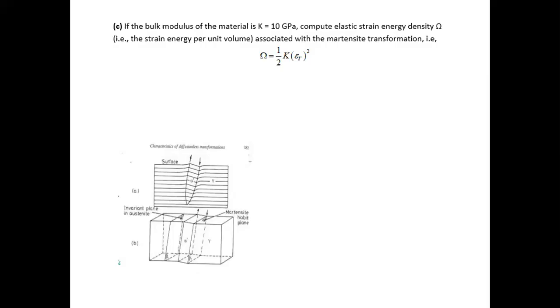Usually this can happen within a certain narrow region, right? So in order to accommodate these strain energies, typically what happens in the system, which I don't have time to really go through in detail, but I just want to point out, is that there is a driving force for you to do the transformation, but it also accompanies a very high energy cost due to this mismatch of the volume.